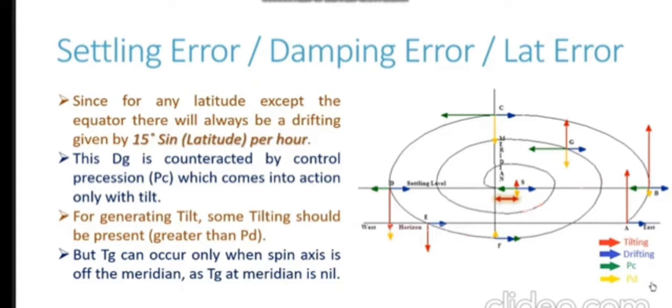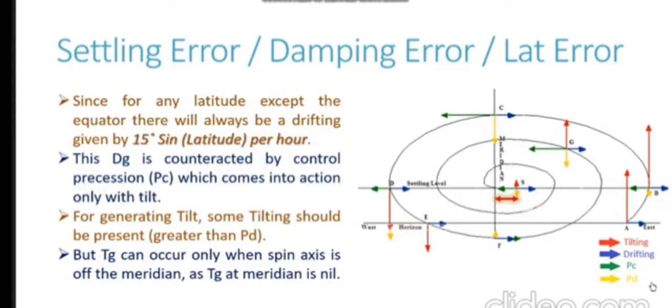The formula for tilting involves sine of azimuth. So 15 degrees sine of azimuth cos of latitude. So if the spin axis is pointing in the meridian, the tilting would be 0. If tilting is 0, there will be no tilt generated. If there is no tilt generated, there will be no control precession.